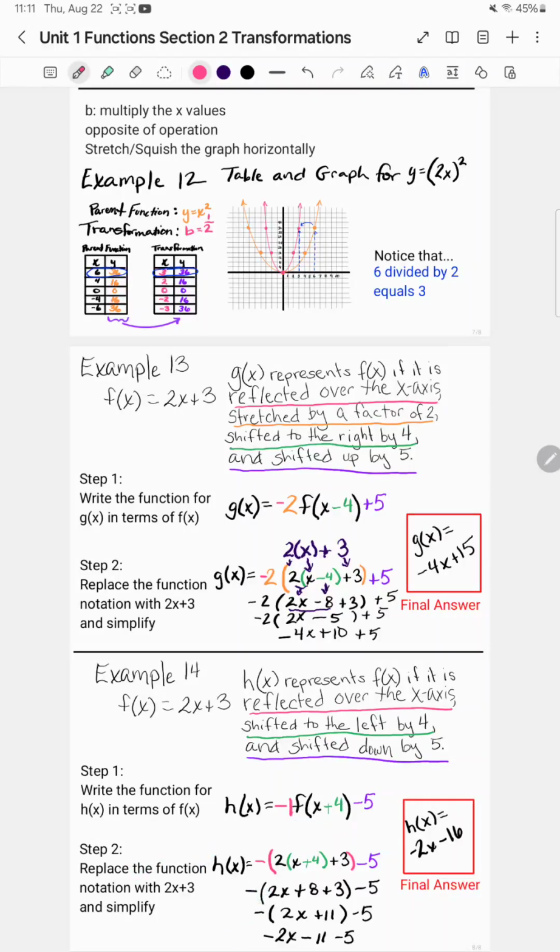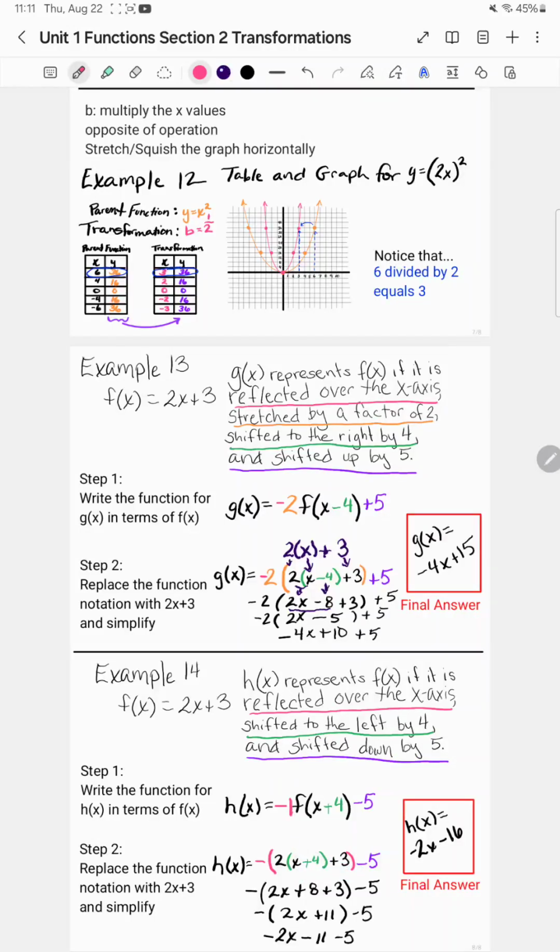Step 2, though, is a different kind of question where you're now supposed to say what h of x actually is. And the way that we do that is we replace that function notation with 2x plus 3, because that's what f of x is. So it's the same process as we did before, where you can see the 2 and then the x and then plus 3.